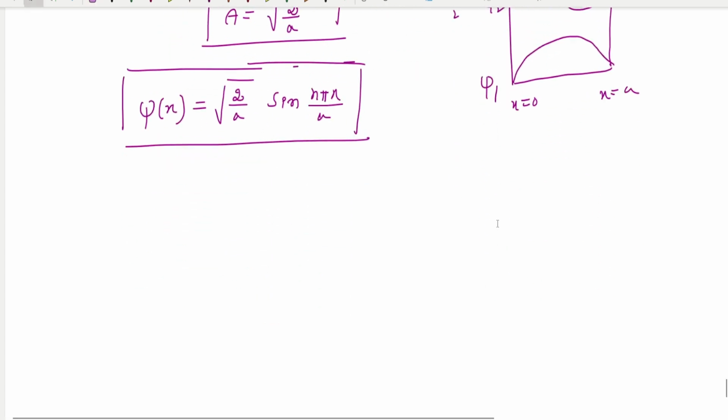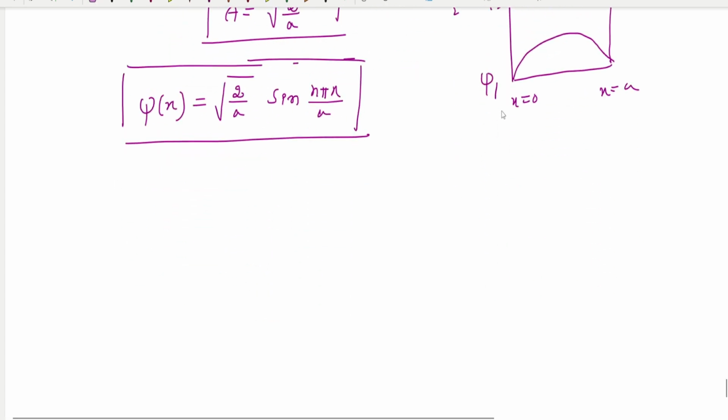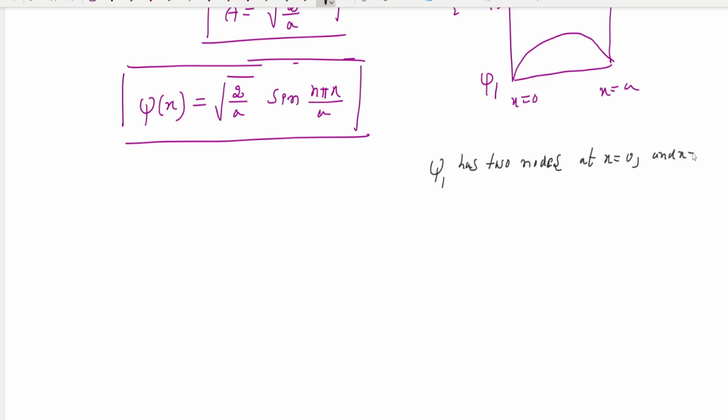Psi 1 has two nodes at x equal to 0 and x equal to a. Psi 2 has a similar thing. Psi 2 has nodes at x equal to 0, x equal to a divided by 2, and x equal to a.